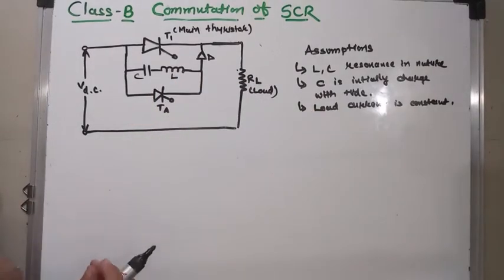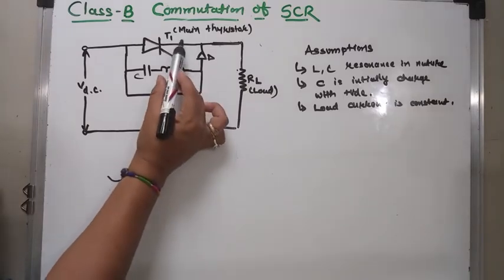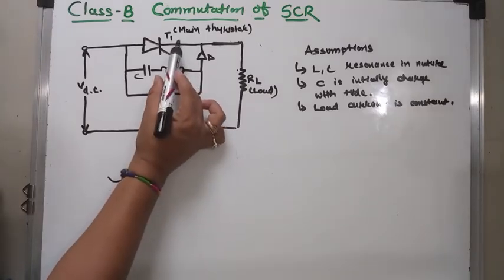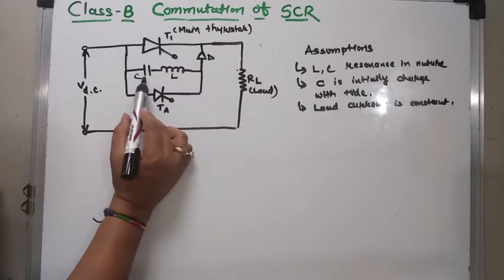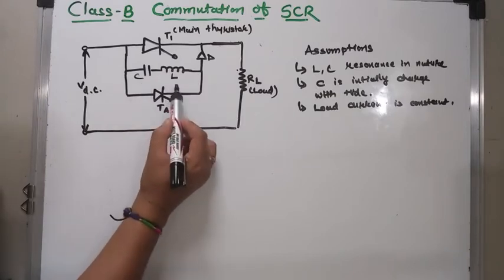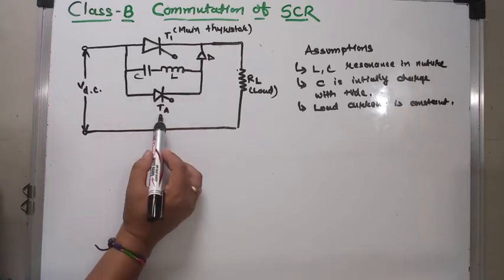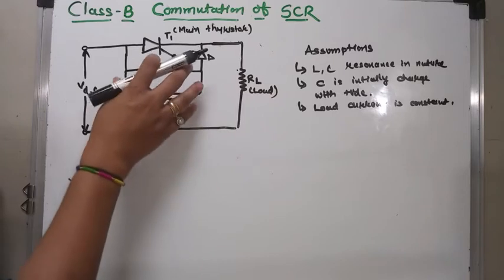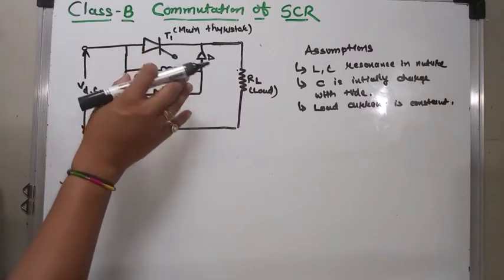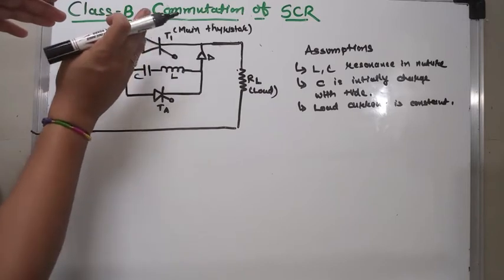Now let's understand the different stages of this class B commutation circuit. T1 is the main thyristor which is required to be turned off. Here L, C and TA form the commutating circuit, meaning inductor L, capacitor C, and auxiliary thyristor TA form the circuit which turns off the main thyristor T1.